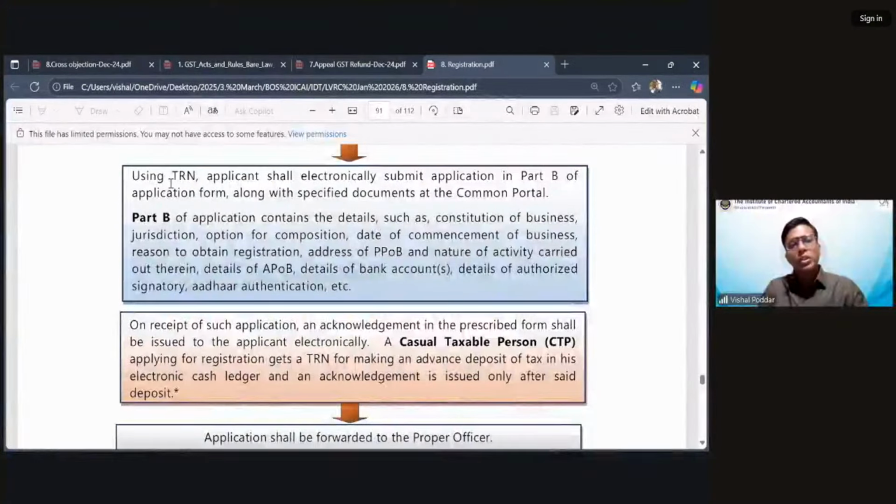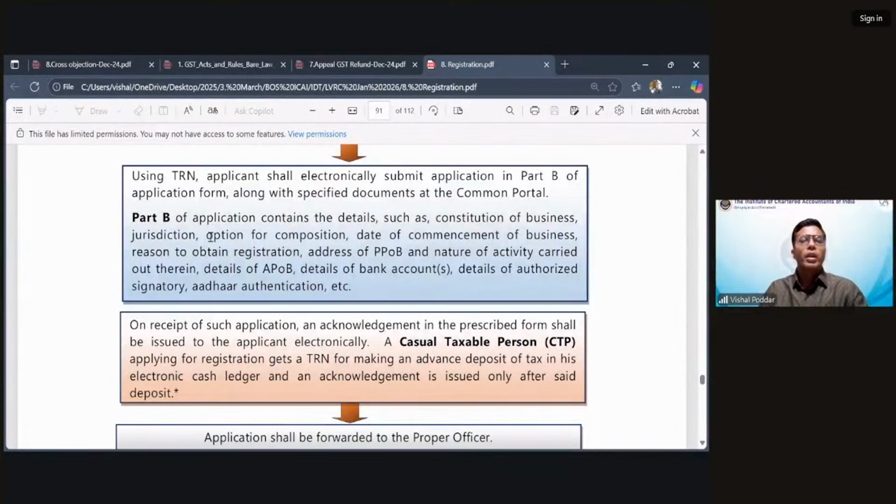Now, using this temporary reference number, you go on to actually apply for the registration by going to part B. In part B, you have to fill in all details of your business and all details of your legal person status. So if you're a company, you upload the company registration, MOA, AOA. If you're a partnership, you upload the partnership deed and so on.